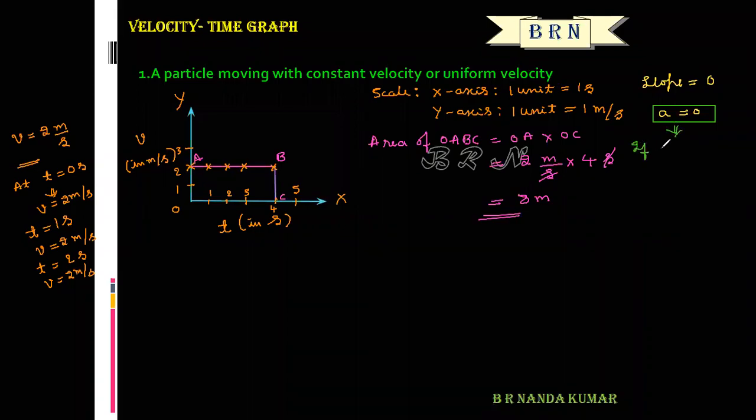So if a particle is moving with constant velocity, then its acceleration is equal to 0.